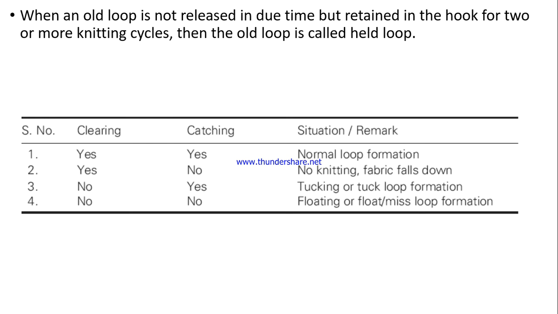The old loop needs to be cleared, but that is not cleared. That is held by the hook of the needle. Then that old loop is called a held loop. So depending upon clearing and catching and the situation of the loop formation, the structure has been mentioned here.